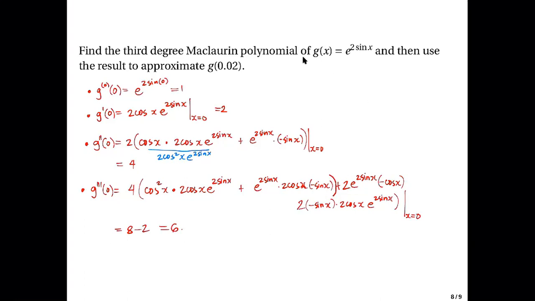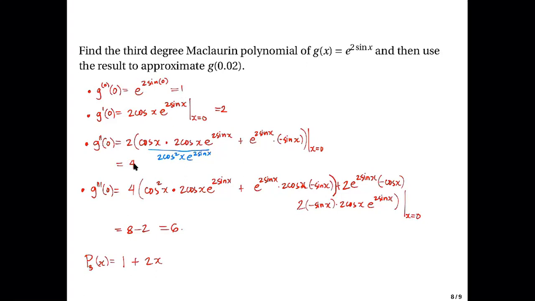So for the Maclaurin polynomial, you have P3 of x. So you have 1 plus 2x. That's 2 over 1 factorial.